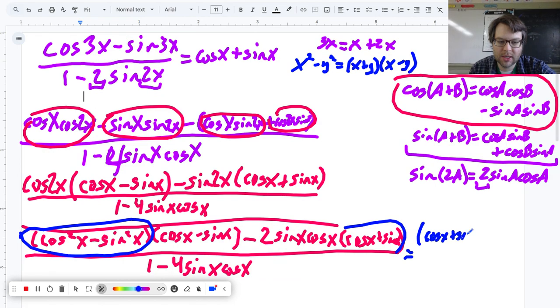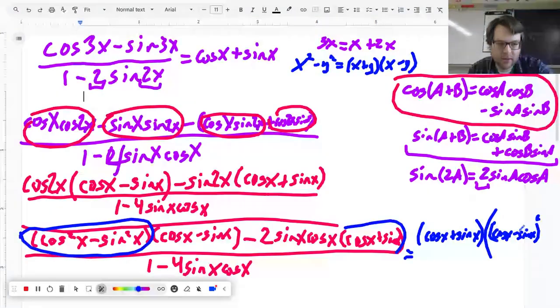Cosine plus sine was the common factor. Then I have cosine minus sine, and that thing is squared, minus 2 sine cosine. Boy, that handwriting got really bad.